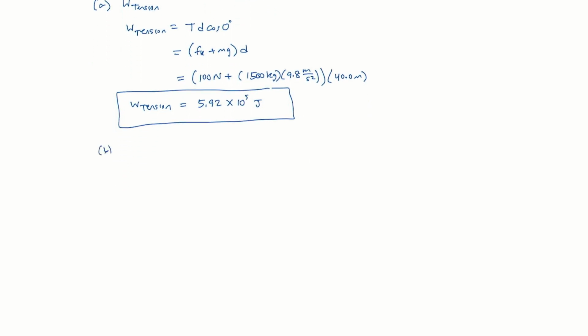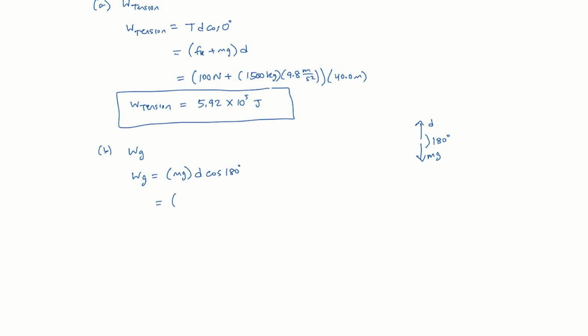Next, in part B, we need the work done by the gravitational force, work sub G. Let's remind ourselves that mg is down, the displacement is up, and the angle between them is 180 degrees. And so we will have mg for the force times the displacement d times the cosine of 180 degrees.